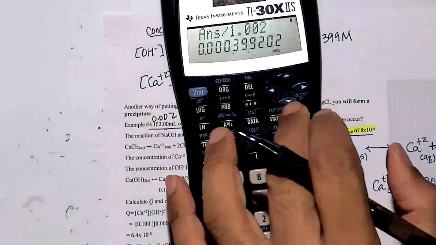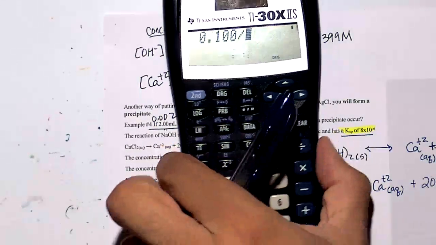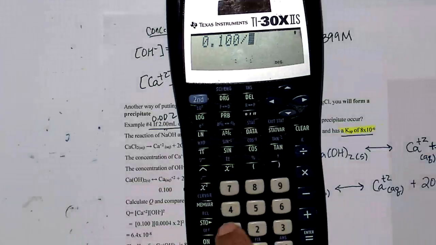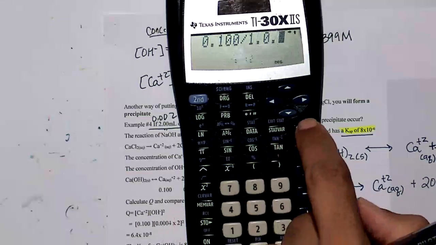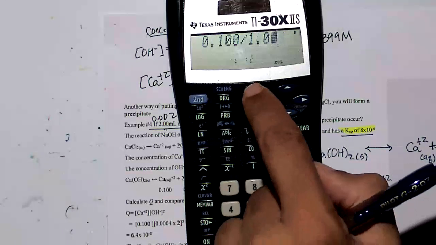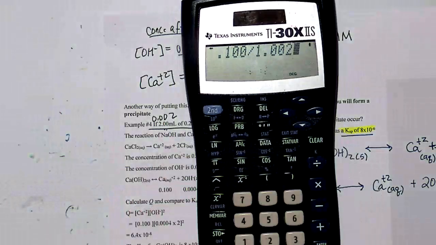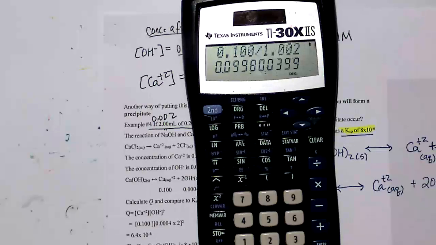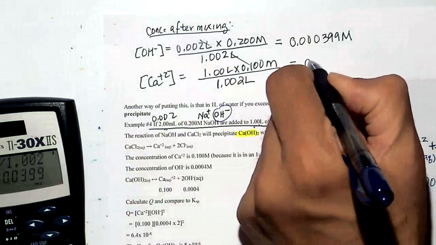So 1 times 0.1 divided by 1.002 is 0.0998 molar of calcium ion.